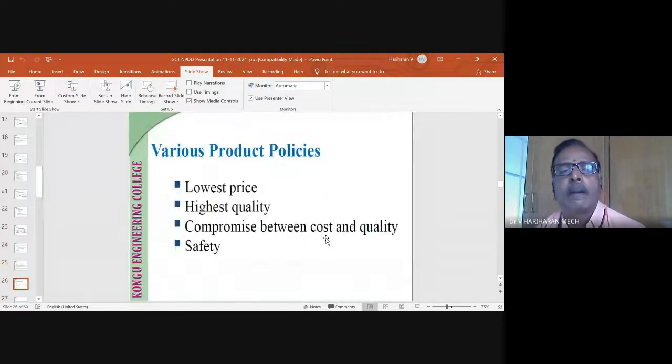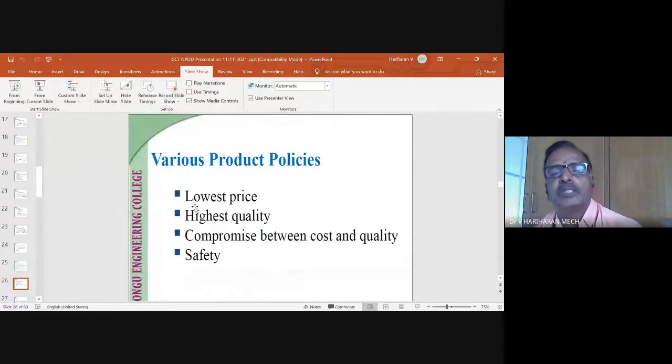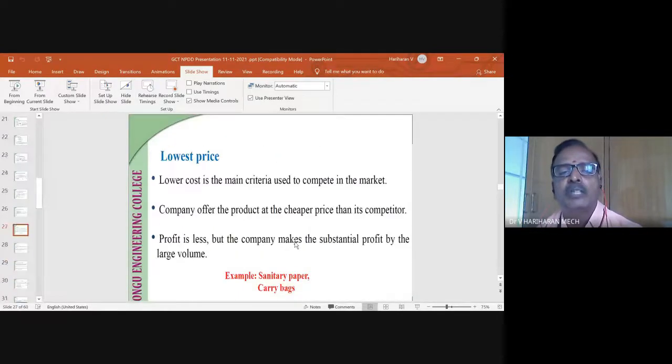Then, various product policies. What are the policies that you are going to consider? Say low price, high quality, then compromise between cost and quality, then safety. These four things are very essential. I will tell you some examples. Lowest price: what is the meaning of lowest price? Lower cost is the main criterion used to compete in the market. Whenever your cost is low and at the same time you have better quality, automatically you can compete in the market.